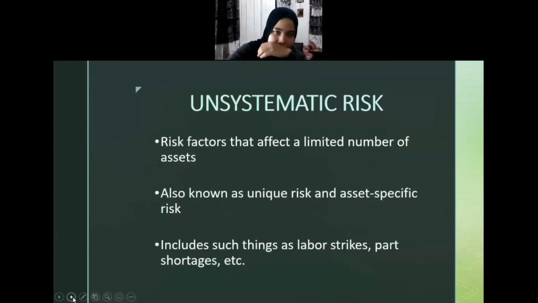Okay. Next one is unsystematic risk. Unsystematic risk is risk factors that affect a limited number of assets. We can say it is the risk that is unique to a specific company or specific industry only. It is also known as unique risk and as specific risk.